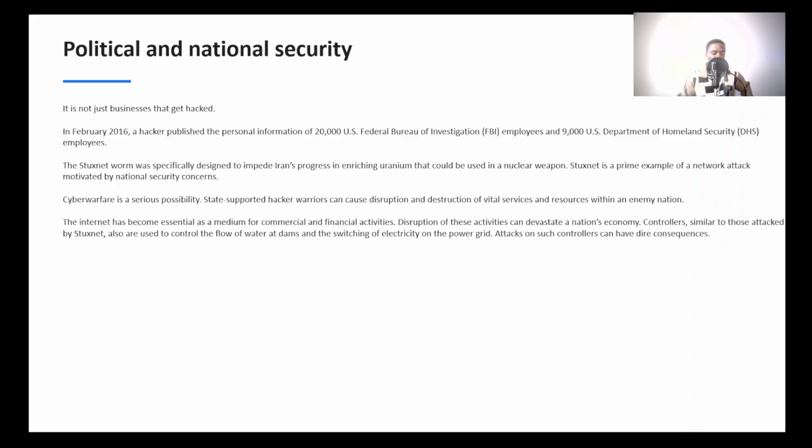We have a lot of state-supported hackers now that are being used to cause disruption and to destroy vital services in enemy nations. So these are the impacts of a successful cyber attack at a political and a national scale. So we can see that successful cyber attacks affect everybody. So cybersecurity should be a prime concern for everybody and every citizen of the nation and of the world.